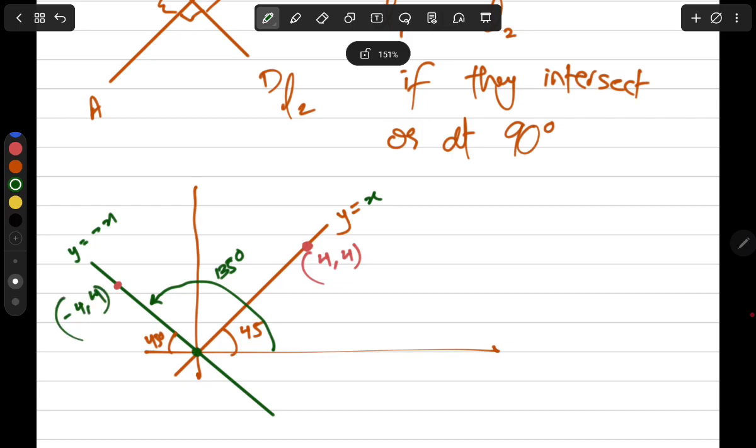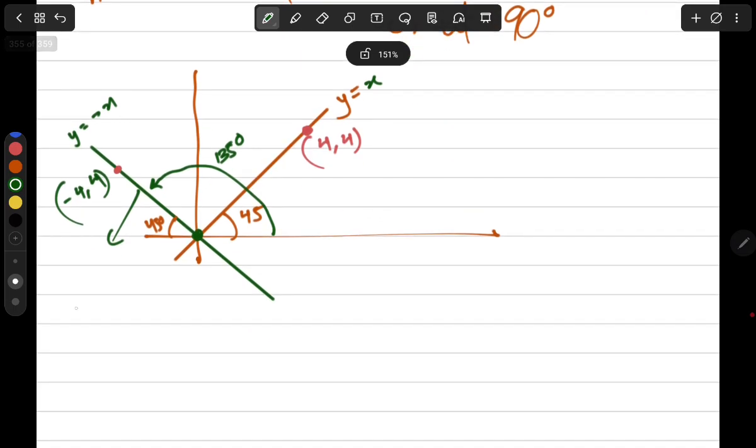Now, if I take the gradient of this green line, this is going to be the gradient between the origin and this point P, and the gradient for this orange line is going to be the gradient between O and Q, right? So the gradient of OQ is going to be equal to (4 minus 0) upon (4 minus 0), that is 4 upon 4, that is just 1.